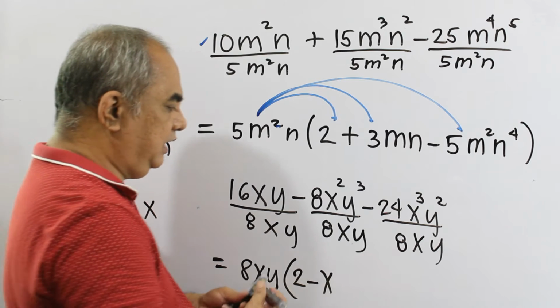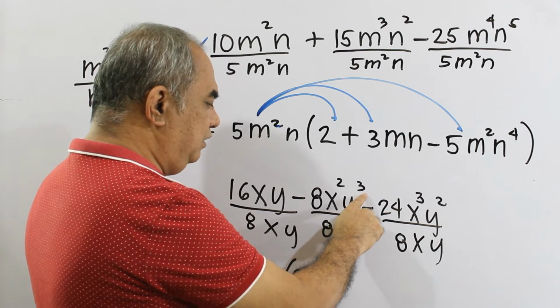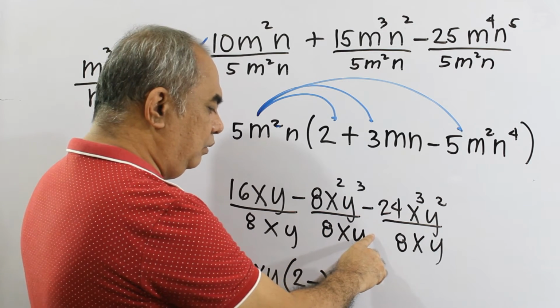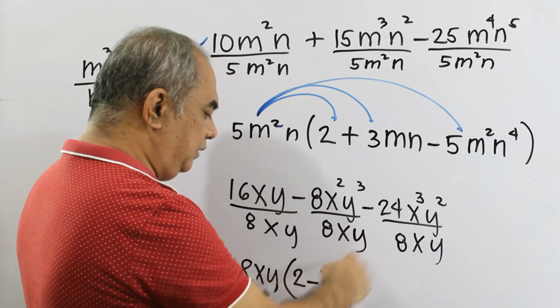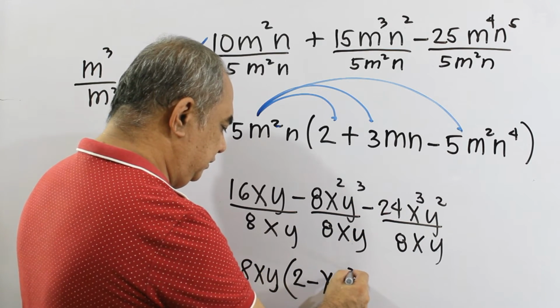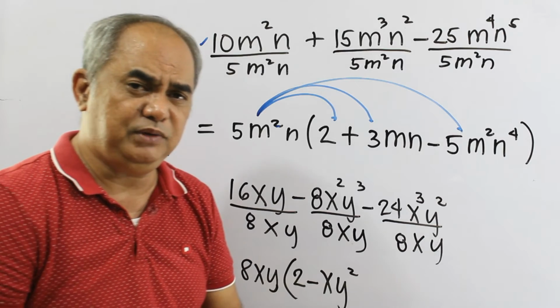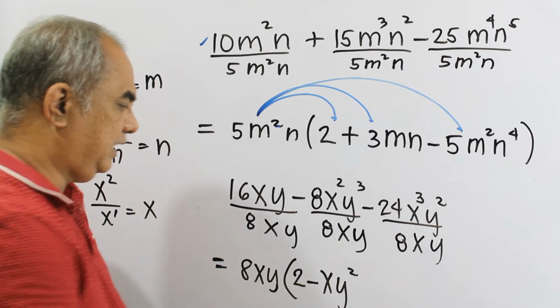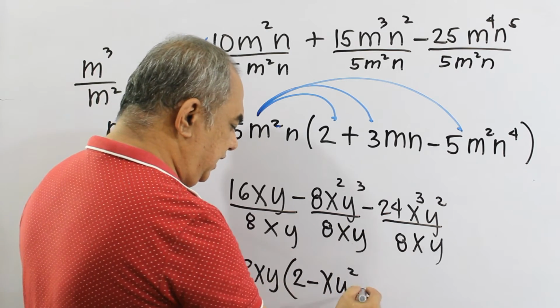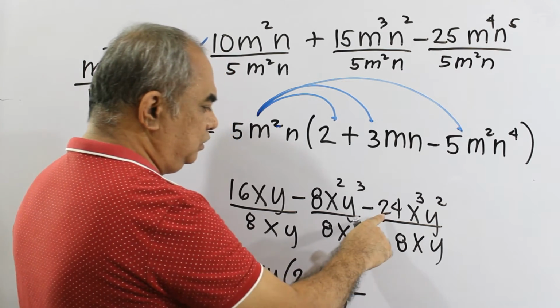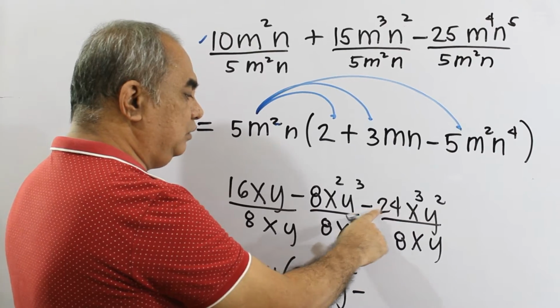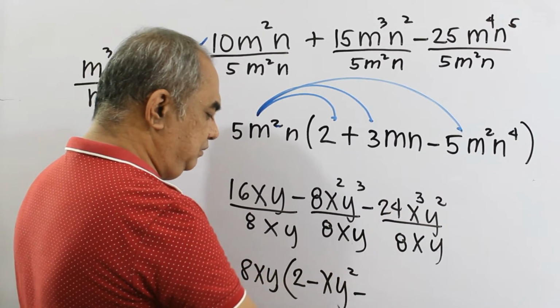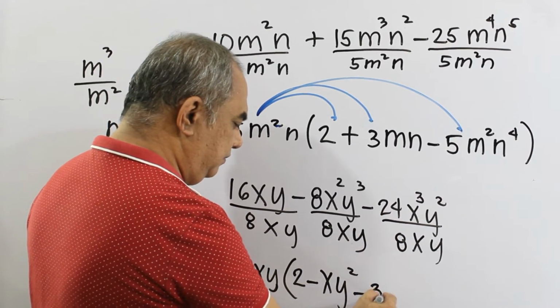And it's here. Okay? For variable y, we have y cubed divided by y, meaning 3 minus 1 will give you y squared. That's the exponent. We simply subtract the exponent when we are dividing the variables. Now, for the last term, again, you copy this sign. So negative 24 divided by positive 8 will give you negative 3.